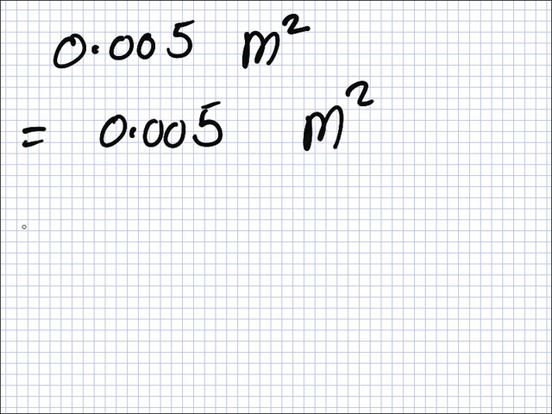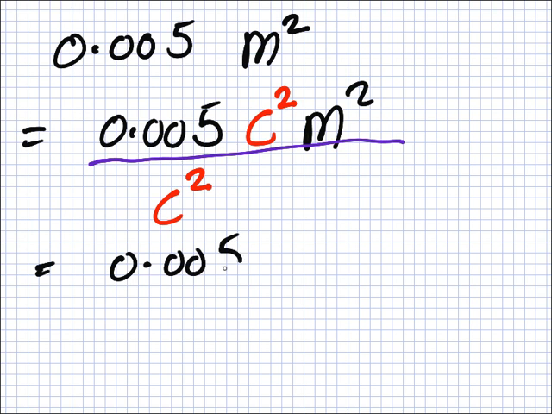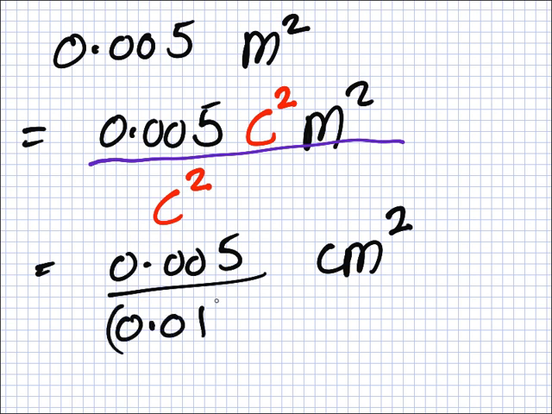That's the idea, yeah. So what you do is here you put centi squared and here you put centi squared. So this equals 0.005 centimeter squared, and here centi squared is 0.01 squared, right?